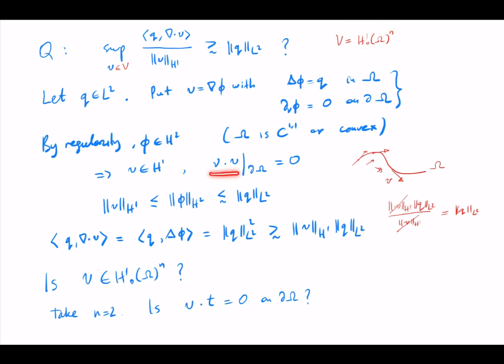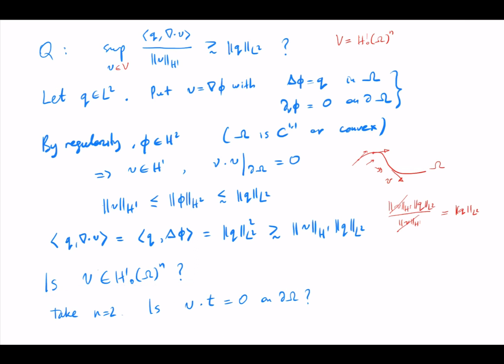What we have now is only the normal component of V equal to 0. So the idea now is to modify this V that we found by some divergence free vector field, so that we would not have any effect in this argument, to make the boundary condition 0.